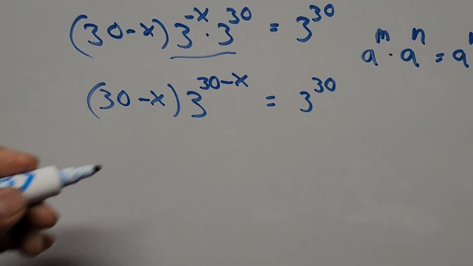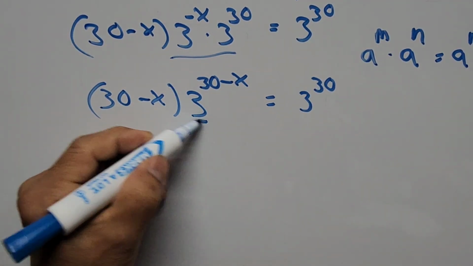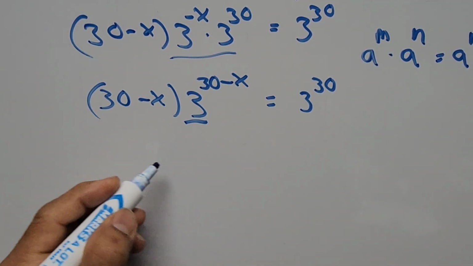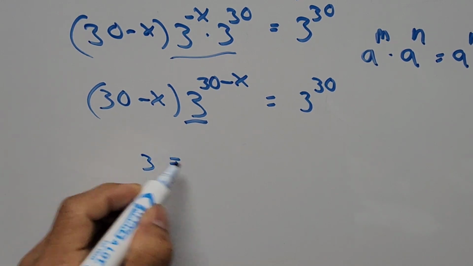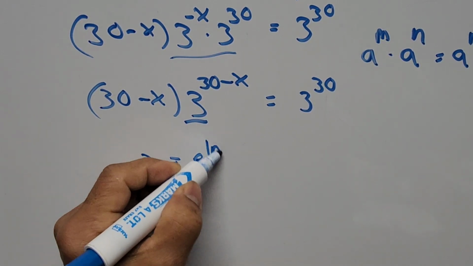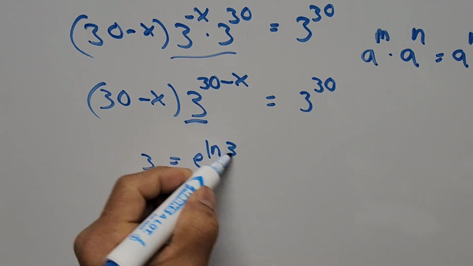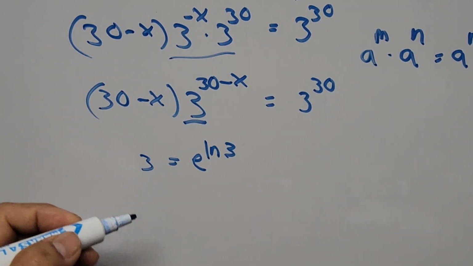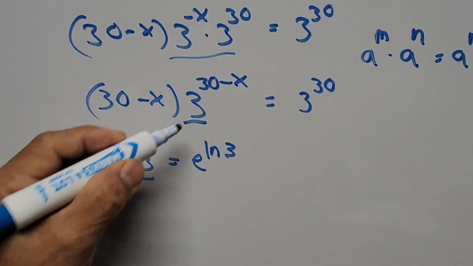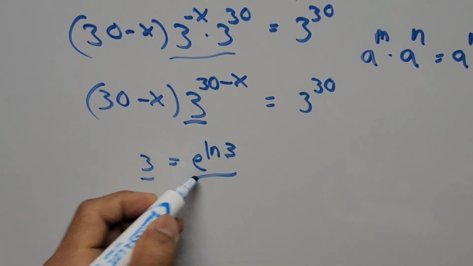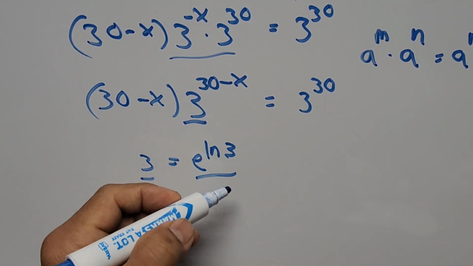And so from here, we're representing 3 in terms of e to the power of ln, the natural logarithm. So e to the power of ln of 3. And from now on, we're using this value of 3 in terms of e to the power of ln of 3.